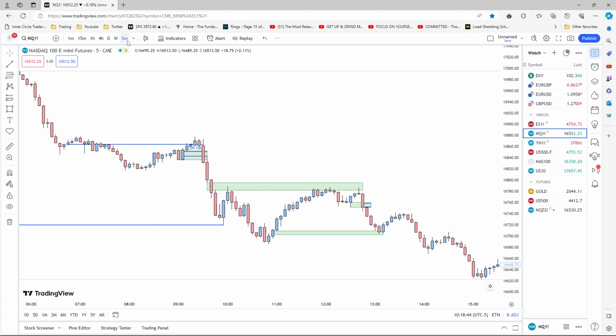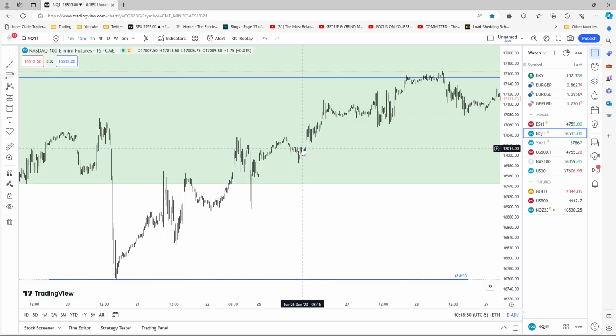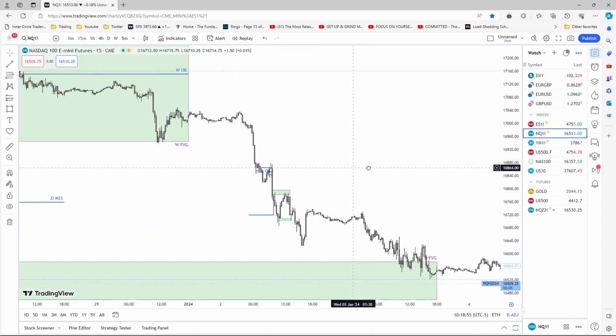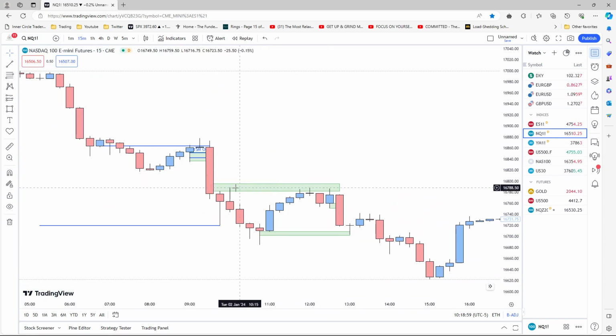To me, this 5-minute fair value gap. Okay, well, that's fine. We can look at a 15. Let's just glance at the 15-minute. The 15-minute, I wouldn't say that it's as clean as the 5-minute in this case.